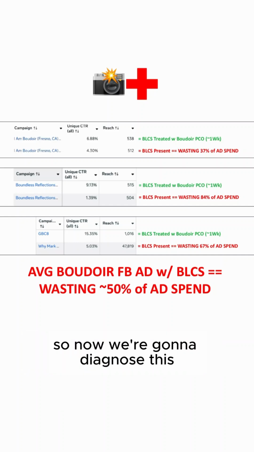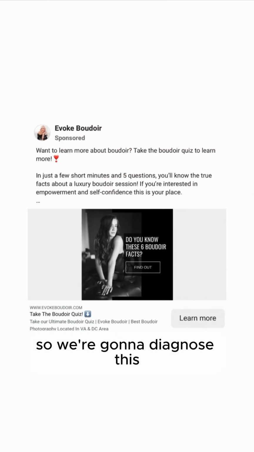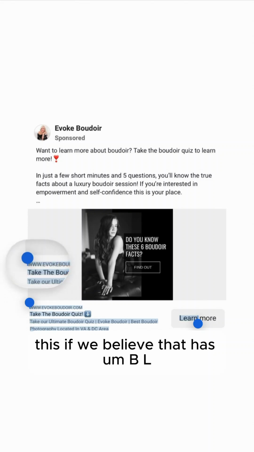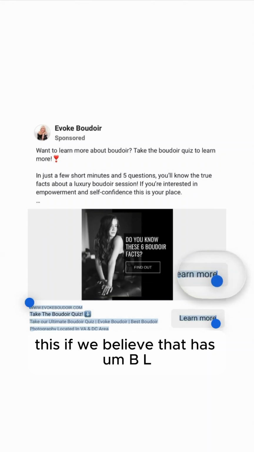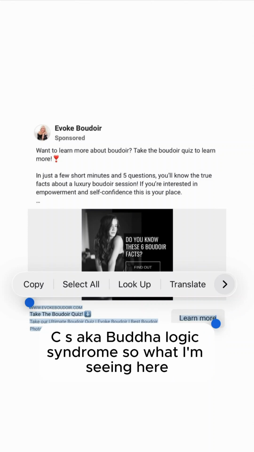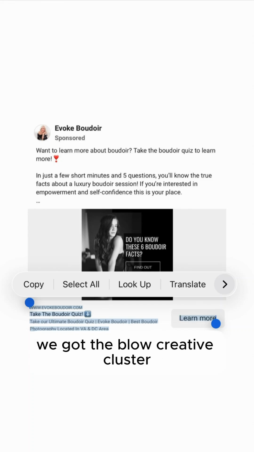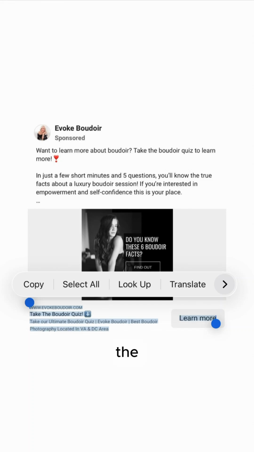So we're gonna diagnose this if we believe it has BLCS, aka Boudoir low-click syndrome. What I'm seeing here, we got the below creative cluster mistake.